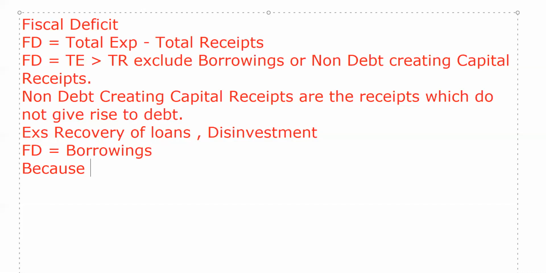That's why we do not include the borrowings into the total receipts, and these are always excluded from the fiscal deficit. Reason: if the total expenditure is greater than total receipts, to meet this expenditure, government will borrow some amount.